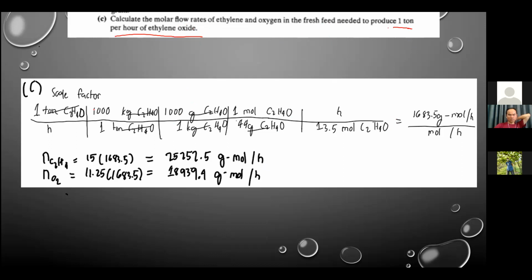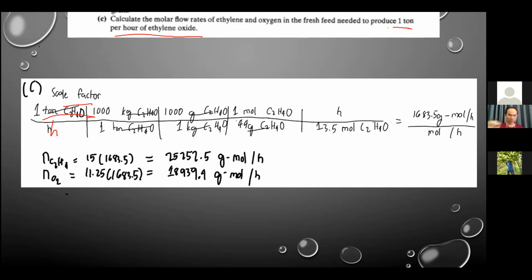So I'm going to do a scale factor so that we can get the molar flow rates of ethylene and oxygen from the fresh feed that is needed to produce 1 ton of ethylene oxide. So here, 1 ton per hour.